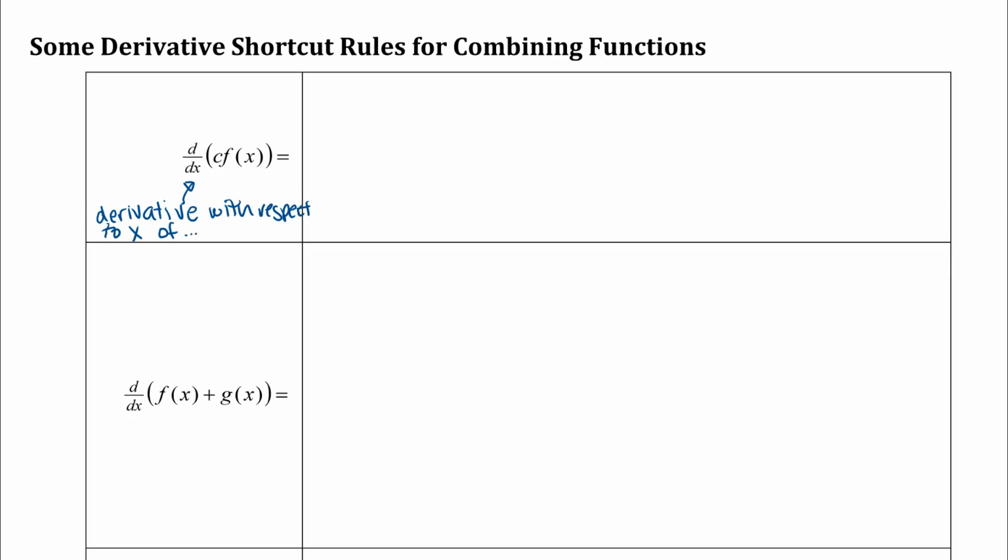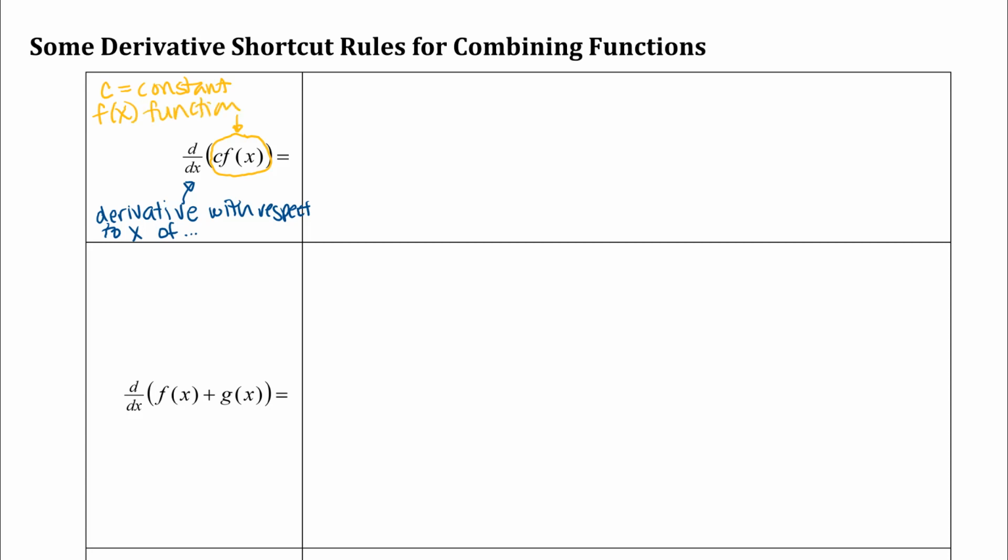And then what we have here in the parentheses is c f of x. So what we want to be sure that we understand here is what that notation means. That c, generally, unless it's indicated otherwise, a lot of times in mathematics, c represents some constant, and then the f of x is some other function. So constant times a function.